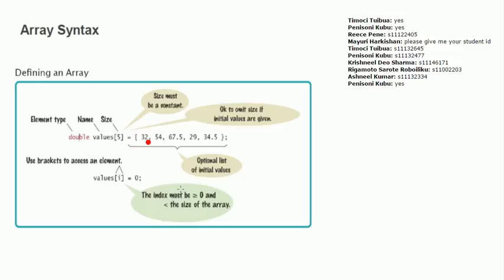What's the range of the indexes you can use to access this if the array is of size 5? So the indexes will be 0, 1, 2, 3, and 4. So you can use from index 0 to 4 here, right?